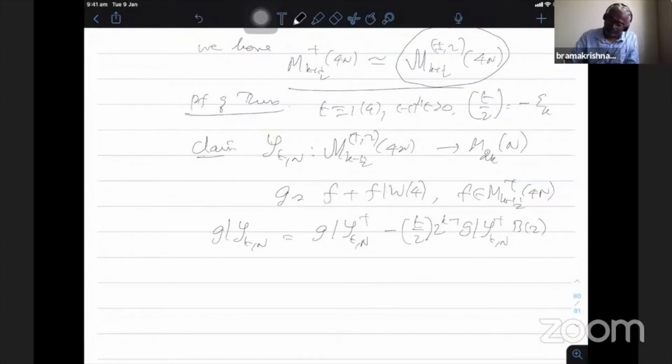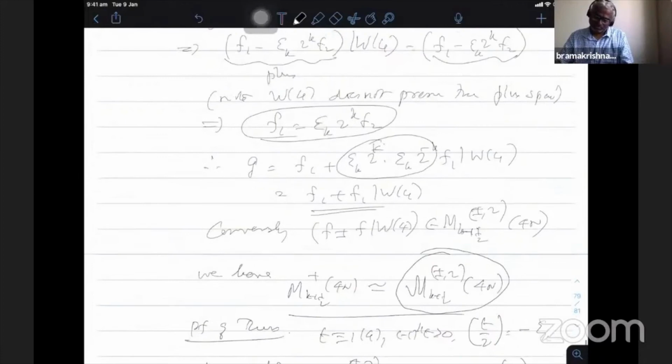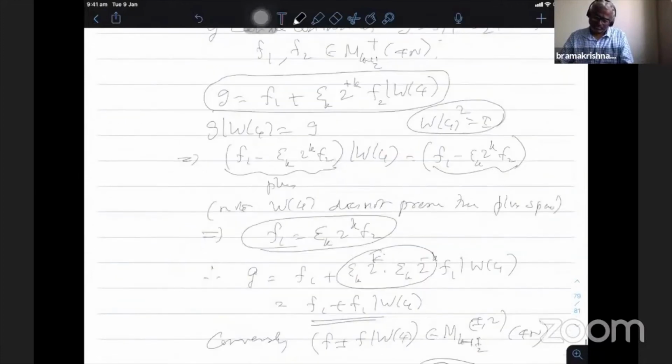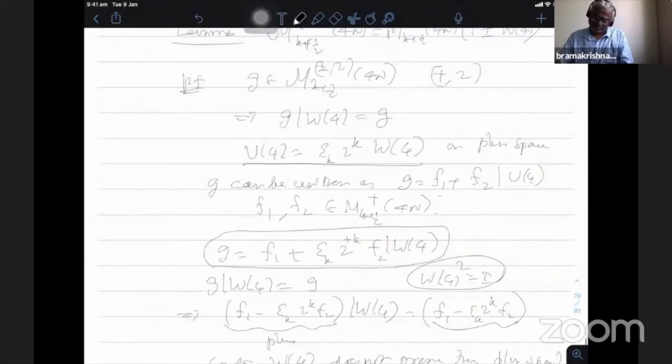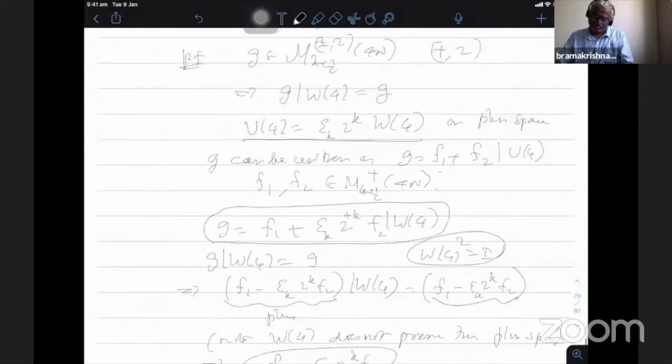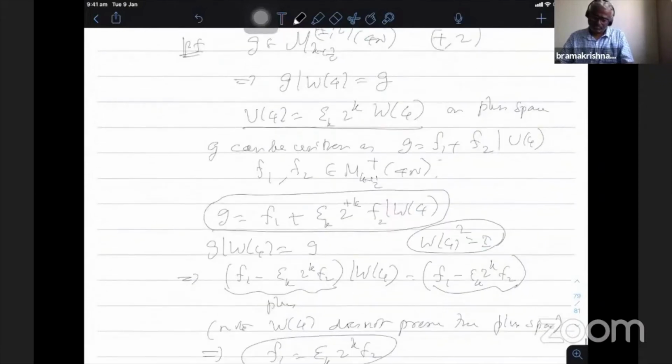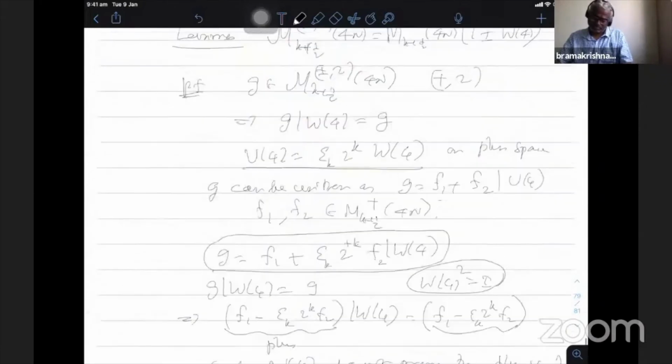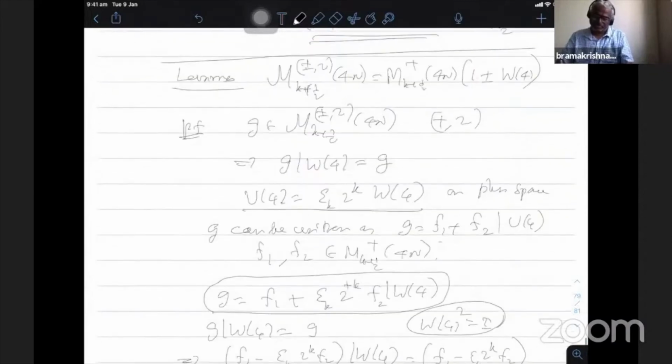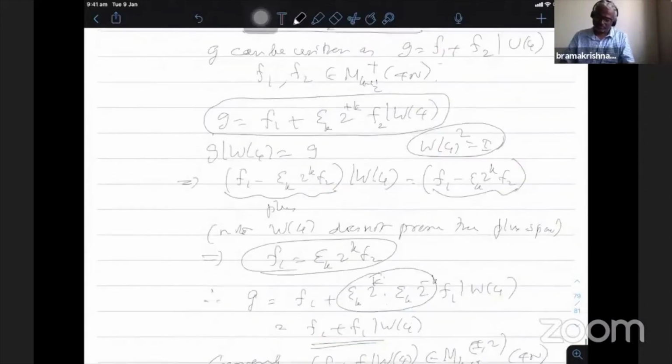Now you again replace W4 by U4. Then I come back to, it should be epsilon k 2^{-k} U4. Am I right? So where am I here? Yeah, it should be epsilon k 2^{-k} U4. So I will replace this.